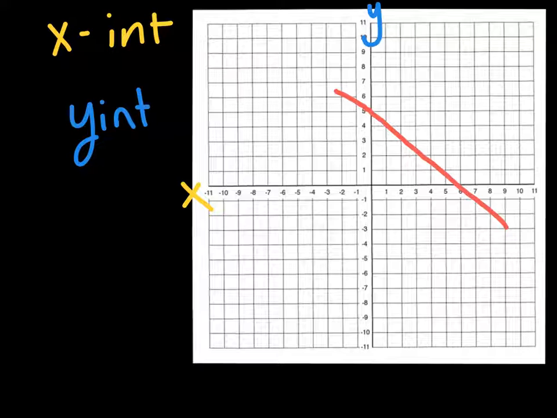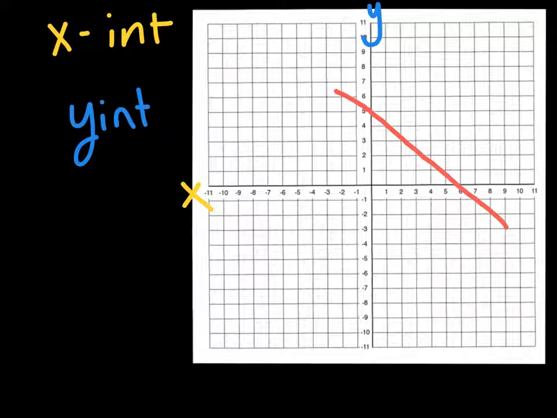All the x-intercept is where a line crosses the x-axis. So here I've drawn a squiggly red line. And the x-intercept of this line is where it crosses the x-axis. So let's look at the red line and identify where it crosses the x-axis.